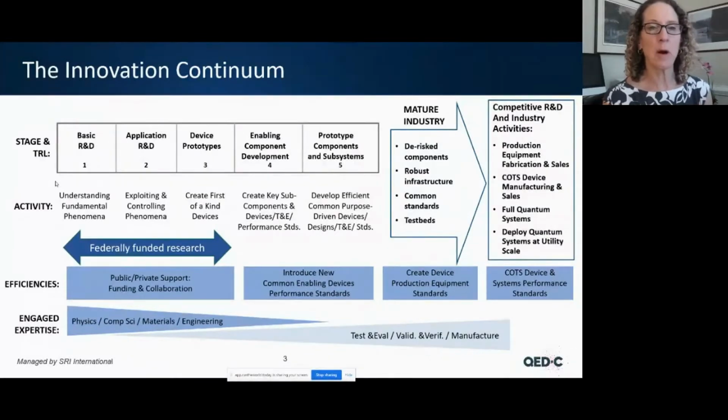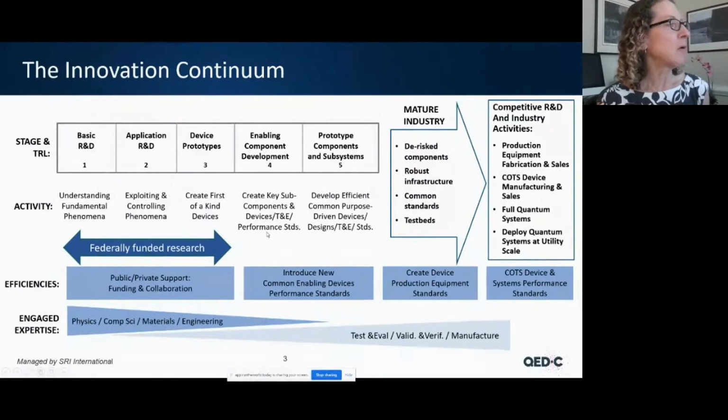There are people who are doing more applied work and development work who realize I need some basic science to be done here. And so it's a very convoluted loop of activities going on from the basic research through the development process. Ultimately, things get handed off, and that's where industry really picks up and starts to scale things up and worry about manufacture and ultimately even maintenance and operation issues.